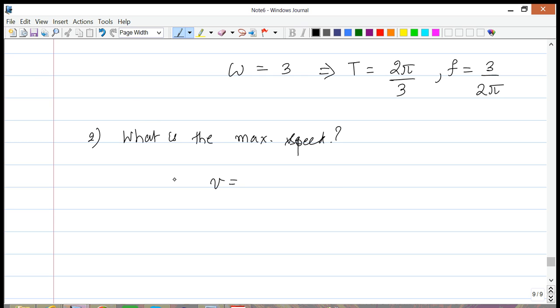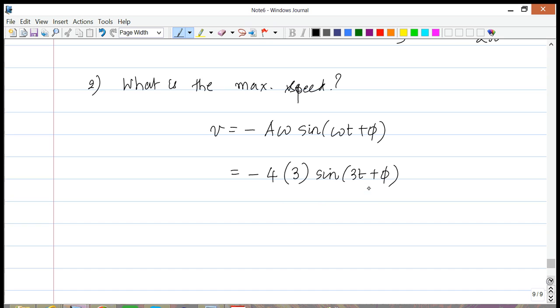We know that V is equal to negative A omega sine omega t plus phi, which happens to be equal to negative A, which in this problem is 4, times omega, which happens to be 3, times sine of 3t plus phi. Okay, so V max is simply equal to 12 meters per second.